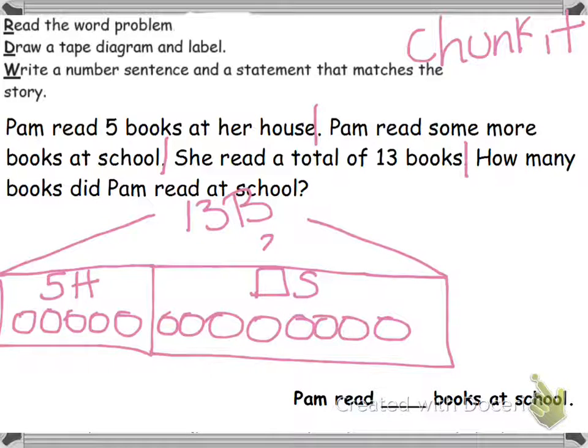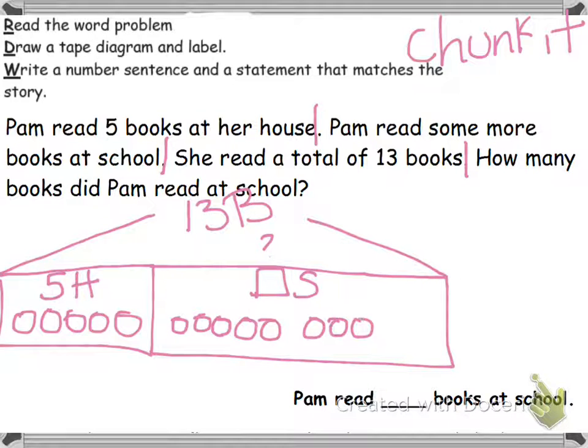Now I know in this case, one thing that I did not do, which I'm going to go back and do, because it's important to make it easy and clear for us to see, is that I'm going to go back and I erased it, and I'm going to draw it again, and after every 5 I'm going to put a space in between. So 5, 6, 7, 8, 9, 10, space, 11, 12, 13.